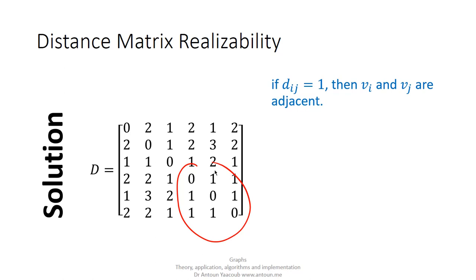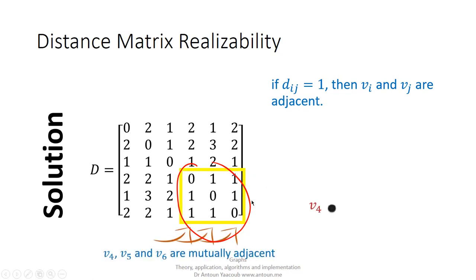So we know that it means it's a K3 here, because it's all connected. I know that the vertices V4, V5, V6 are mutually adjacent, so it's a cycle, a K3. Then I need to look at some other stuff, because obviously there are no more blocks.